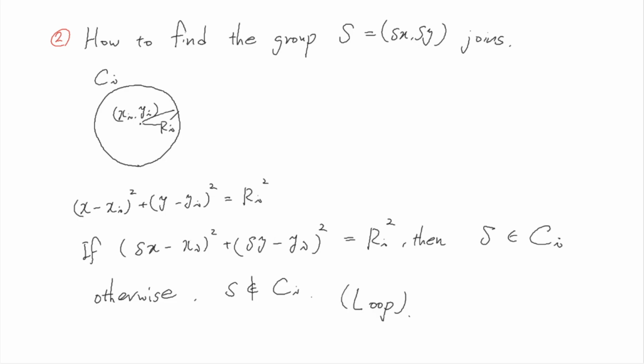So for the next, we have to think about how to find the group the point S joins. Let's think about the ith circle Ci. The Ci's equation is this.